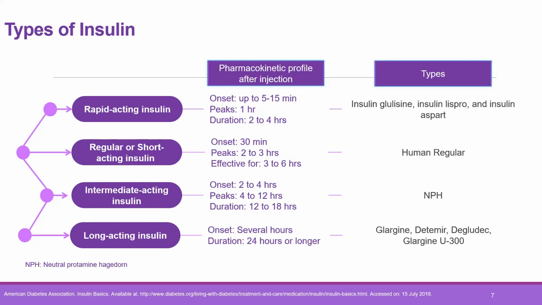And if we have to control the blood sugar throughout the day, you can give 2 shots, one in the morning, another in the evening, to cover the whole 24 hours, because the duration of action is roughly around 12 to 14 hours. So for this intermediate acting insulin, we have to give 2 shots in a day to provide a basal insulin support.